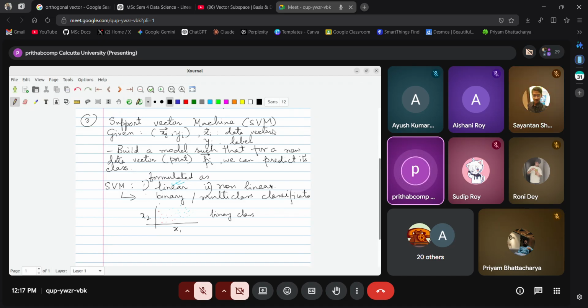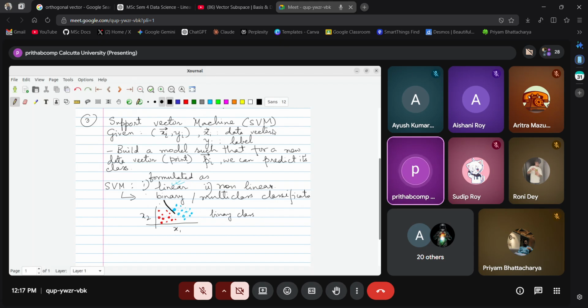If you plot it like this, I hope you can see this. I think it's too small, I should have drawn it a little bigger. So these are the data points I'm talking about. When we are talking about linear SVM, there are two classes, red and blue.